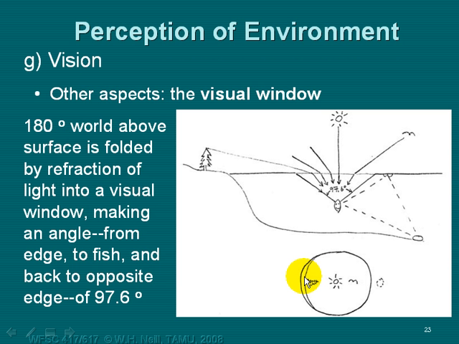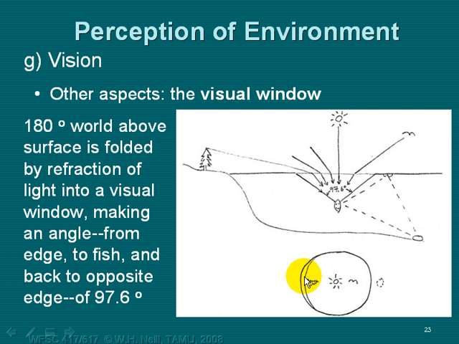So the final thing I'll talk about has to do with one of my standard discussion questions, Chris, on the final exam, which is the visual window of fishes and how it works. And it has to do with the fact that light is refracted when it passes from the air into the water, or from the water into the air.